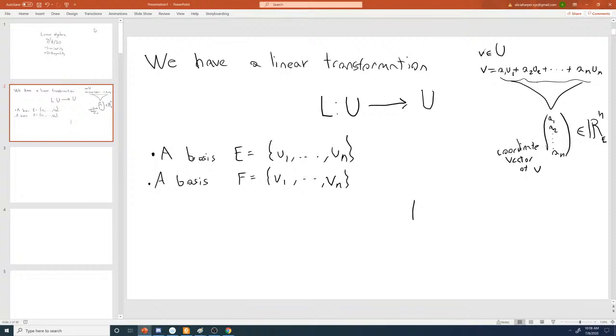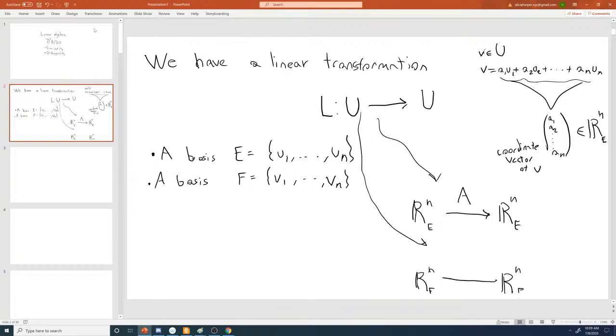L corresponds to a matrix that takes Rn to Rn, taking coordinate vectors in E to coordinate vectors in E, and it's given by a matrix A. Likewise, we could do the same with our basis F and look at coordinate vectors with respect to F. In this case, L determines a map from this Rn to this Rn, modeled by a matrix B. What we wanted to talk about last time was the relationship between the matrix A and the matrix B.